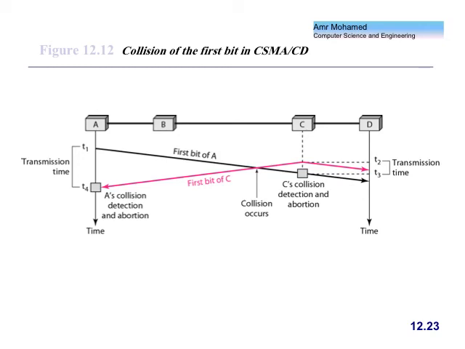Nothing. Why do I need to do anything? I started sending the frame, I finished sending the frame, and during the transmission I did not detect any collision. So the frame has been sent. That means if A finishes transmitting the frame at any point before T4, for A, this frame has been sent successfully.